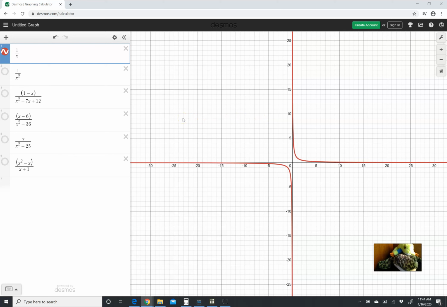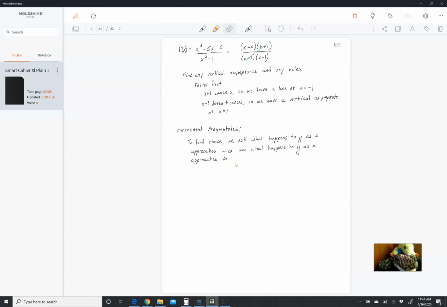This is a function. In order for it to be a function, only one thing can happen as x approaches positive or negative infinity. Here, we have two vertical asymptotes. That's okay, because it'll still pass the vertical line test. If we have two horizontal asymptotes, it won't pass the vertical line test anymore. So that's an important note as well.